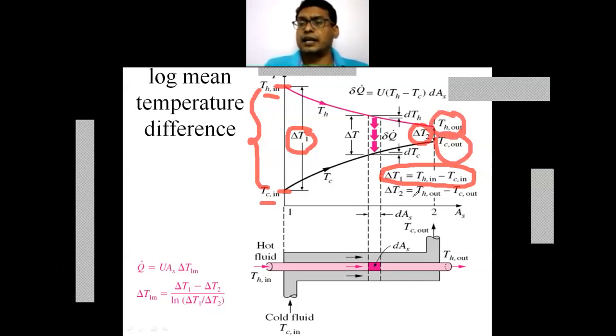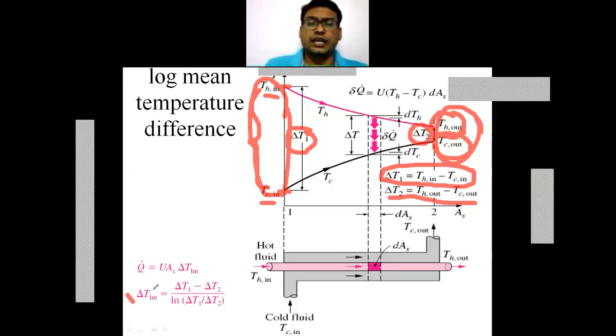So the temperature difference on one end minus the temperature difference on the another end, upon the ratio of those temperature differences. So this is the delta TLM, that is the log mean temperature difference. This is for the co-current flow arrangement.